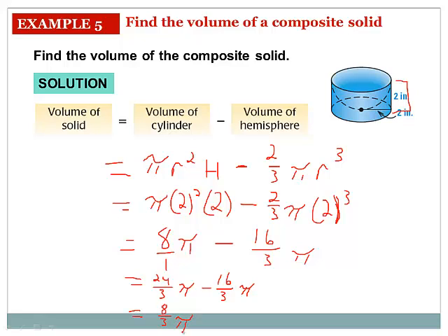You could leave it at that, or you could actually plug this in. So 8 over 3 times pi, and you should come out with 8.38 inches cubed.